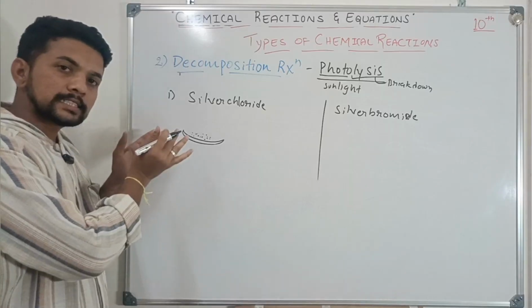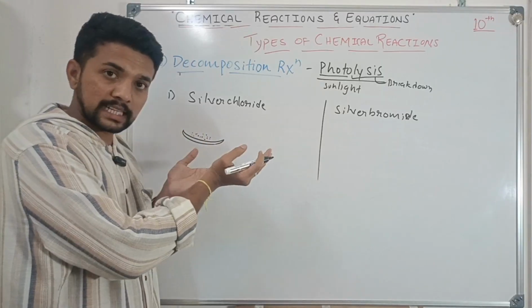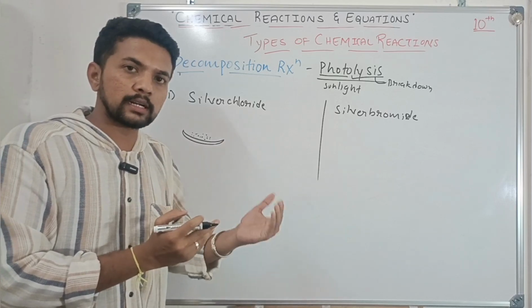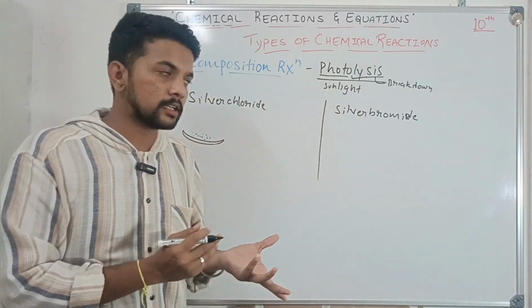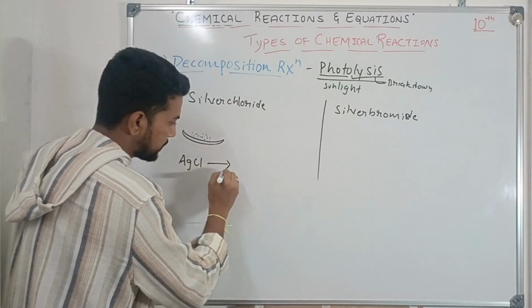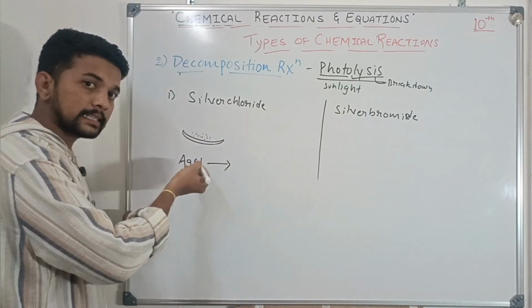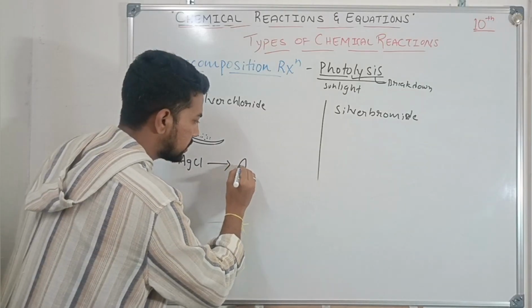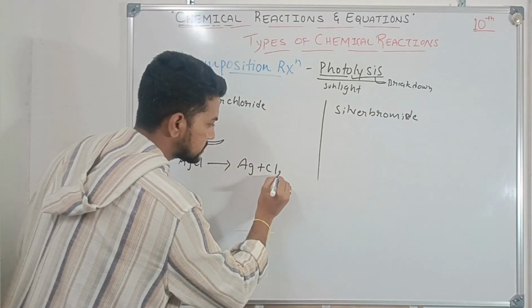When these silver chloride crystals are exposed to sunlight, they break down to form silver and evolution of chlorine gas. So when silver chloride, AgCl, is exposed to sunlight, it breaks down to form Ag plus Cl2.